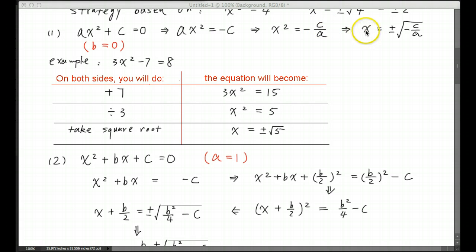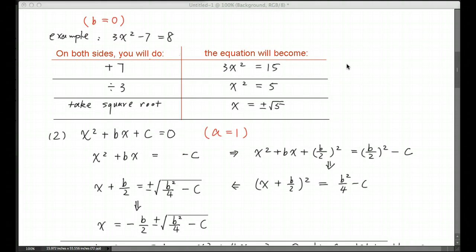So don't worry, we just take square roots, and we should get positive negative square root of negative c over a. Of course, if you know a and c, you may end up getting a negative number inside the square root, and then there's no real solution.